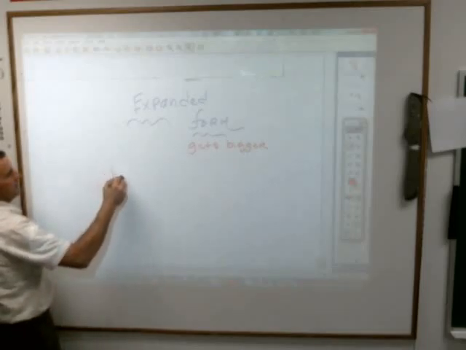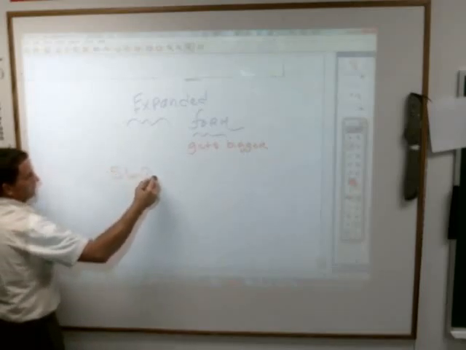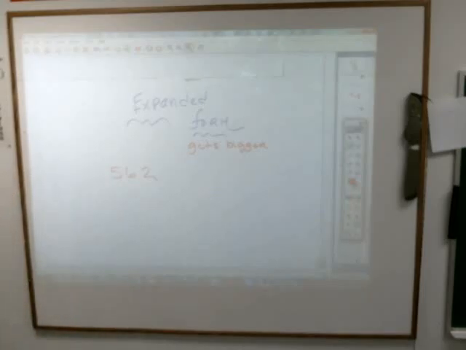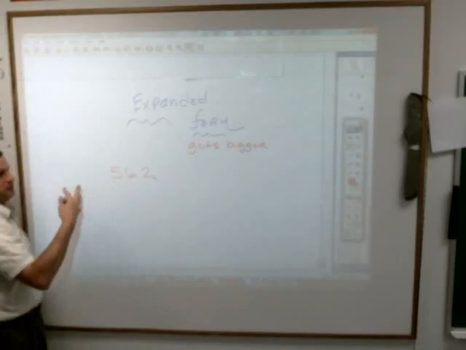Let's say you have 562. In expanded form, it means we take each digit apart and say what it means, because this 5 doesn't just stand for 5.